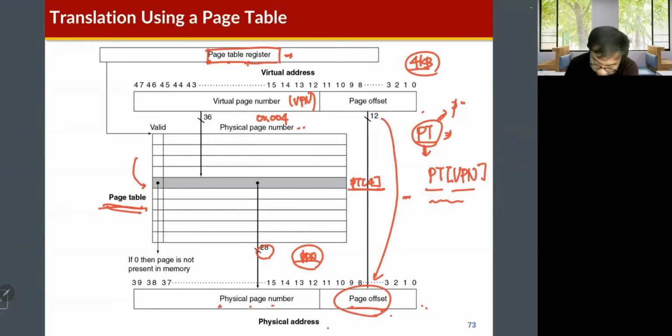Then we can get the physical address. Okay, so this is the real address for the target data. Do you understand? So that's how the VPN, the virtual page number, is translated to the physical page number using the page table.